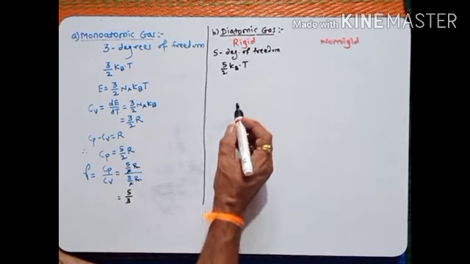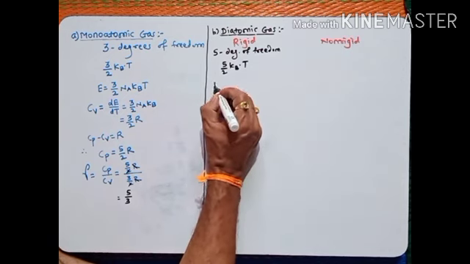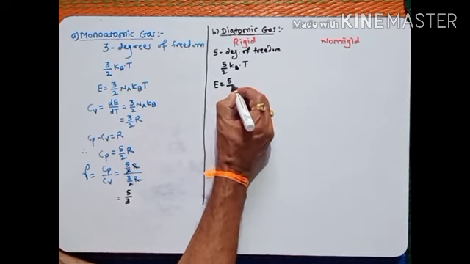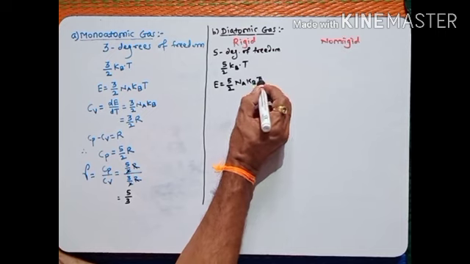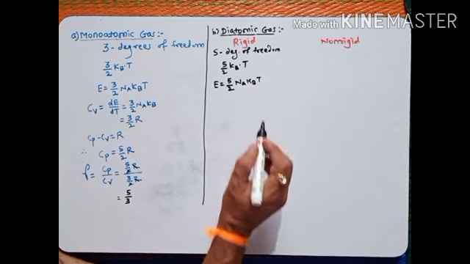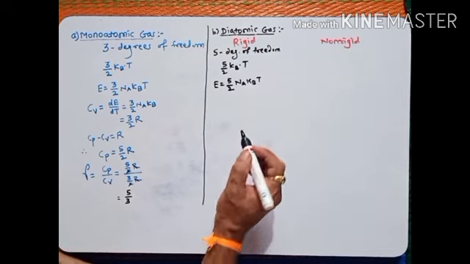And the total internal energy per mole can be written like this: E equal to 5 by 2 Na kb into T, where Na is number of atoms.